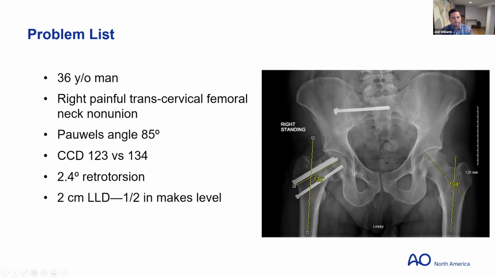I'm not sure where his pain's coming from, frankly. How far out is he? 9 months. Yeah, I'm not sure that he's not partially united. If you look at his contralateral side, he's got a wide neck, he's got no offset, he's got borderline coverage.